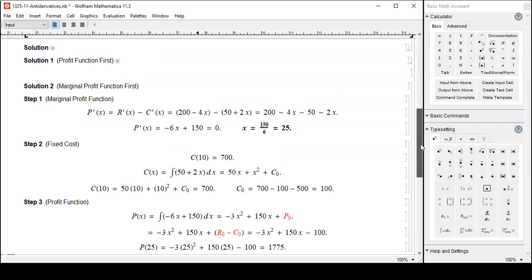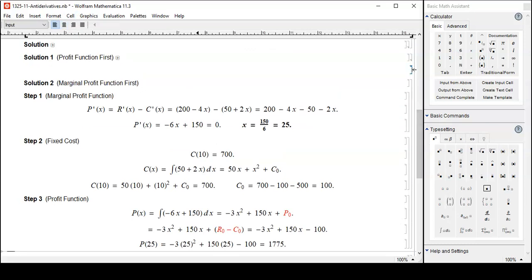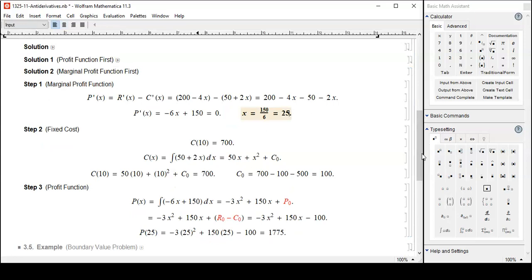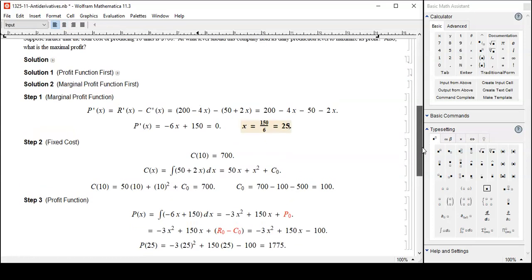Let's see, second solution is strategically a little bit better in a sense that you can find that x value directly. If the problem is asking you only this one, then second method, doing marginal profit, is superior.